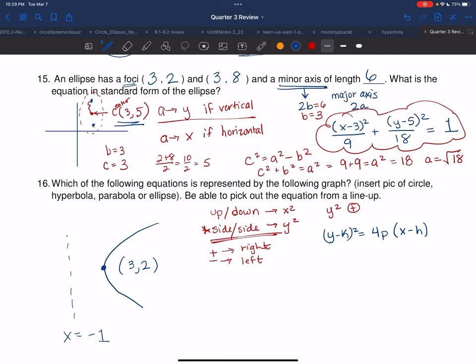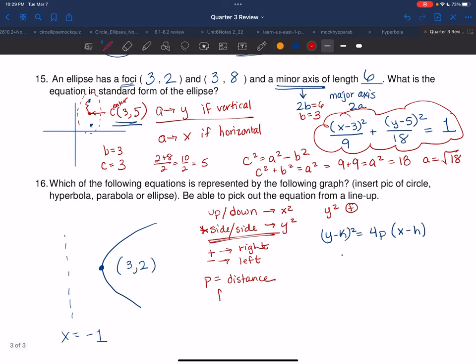All right, so what is 4p? P itself, let me go ahead and put this over here as part of our process. p is going to be the distance from one of two things: from the focus to the vertex, or from the vertex to the directrix.